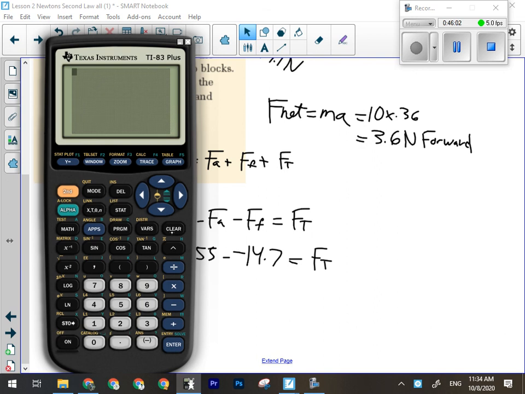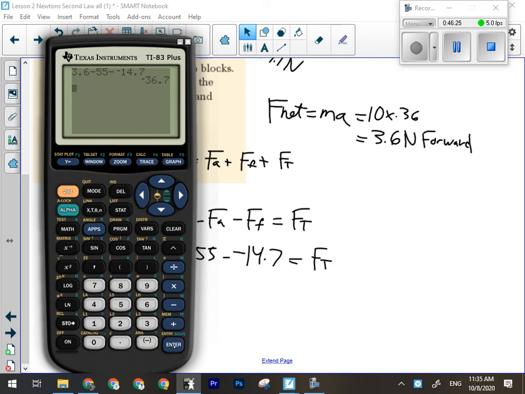So we have 3.6 minus 55 minus negative 14.7. So there's the force between the boxes. And it's negative because it's resisting the 10 kilogram box.